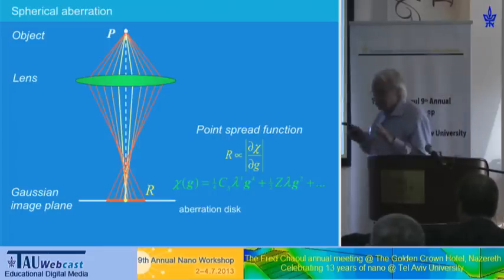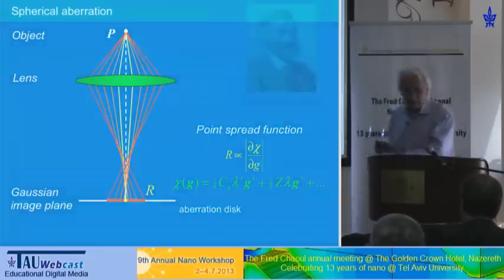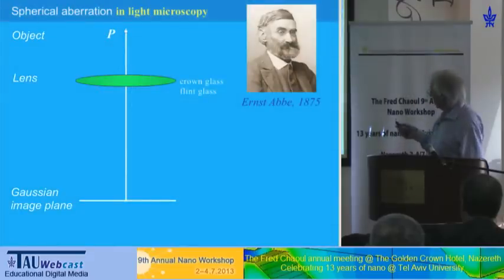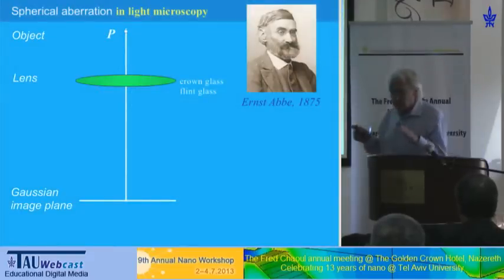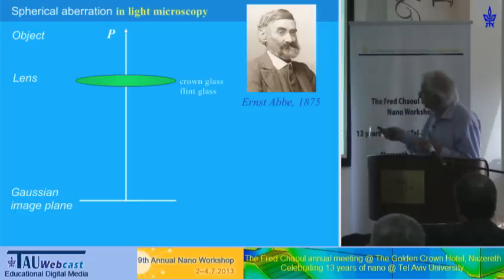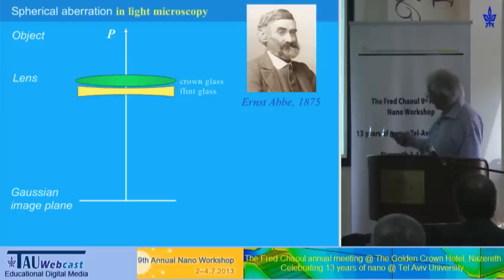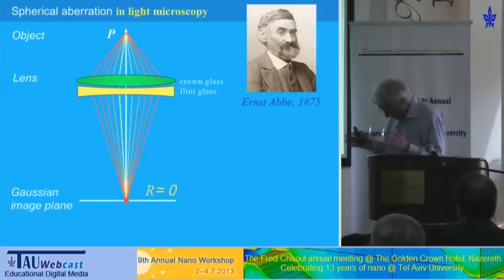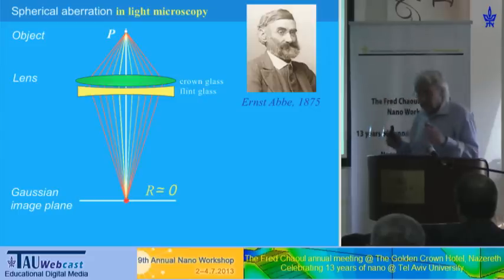We know since the pioneering work of Ernst Abbe in the 1870s that we can correct the spherical aberration of a converging lens by combining it into a system with a second lens, a diverging lens, and then the focal length becomes everywhere the same.